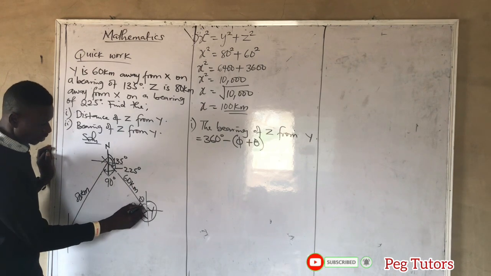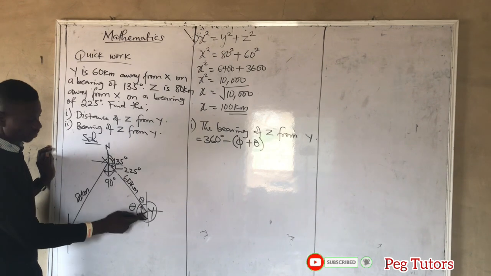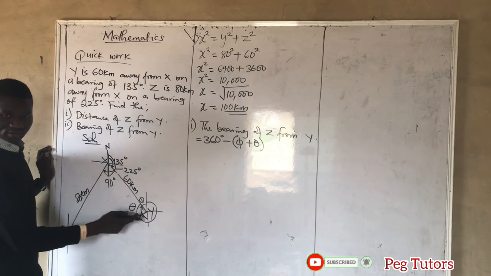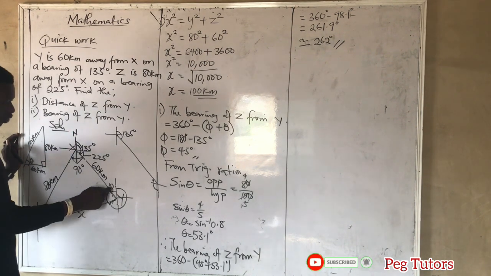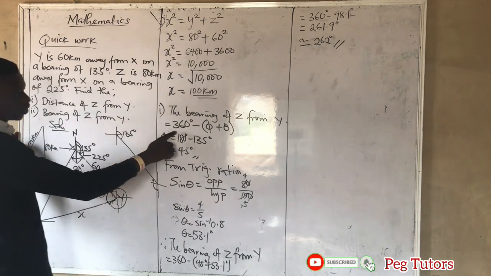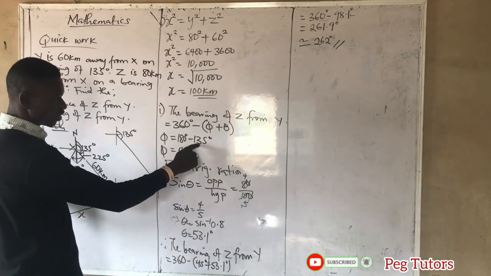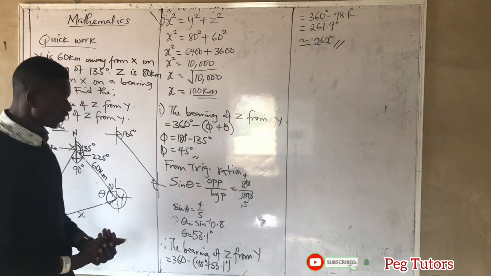So from here to here, it's also 135 degrees. Why? Because it is alternate. If from this place to this place is 135 degrees, then to get this place we just subtract 135 degrees from 180 degrees, which is what we did. Phi is 180 degrees minus 135 degrees, and that gives us 45 degrees. So we've gotten our phi, not quite difficult to get.